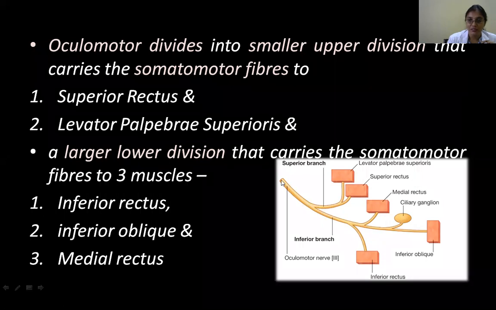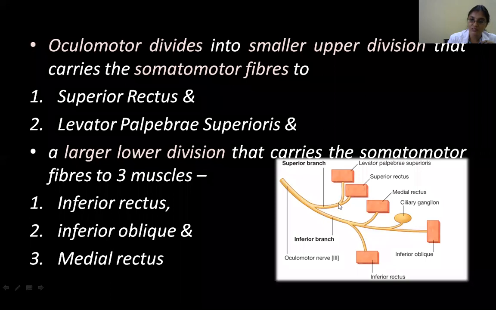Whatever parasympathetic fibers are going with it, they're traveling all the way down. They're not going to the superior branch, so these will be going along with the inferior branch. You can see the medial rectus branch has already left here. This part is the nerve to the inferior oblique, and this is where the fibers are exiting and going to the ciliary ganglion. You can use some other color.